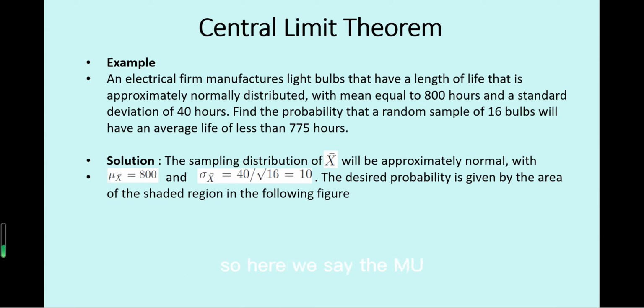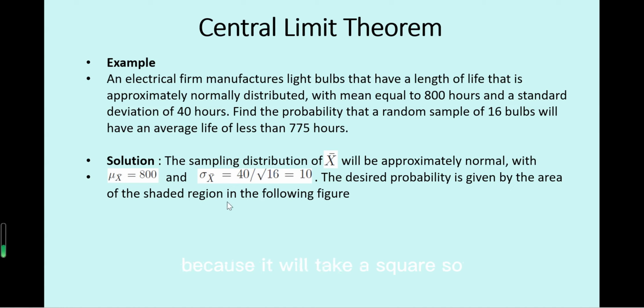So here we say mu x bar is 800, and sigma x bar is the population standard deviation divided by the square root of 16.